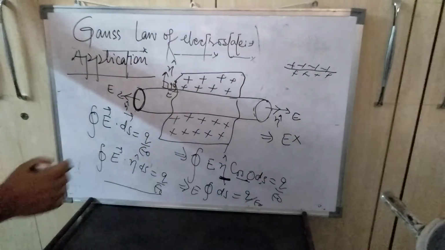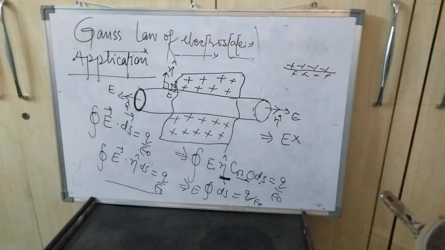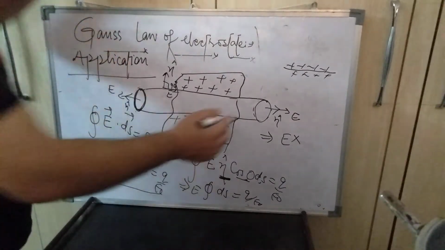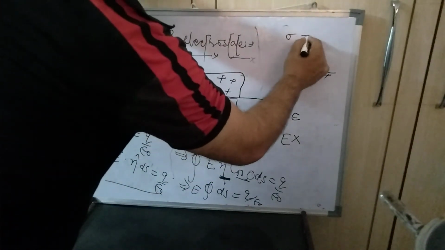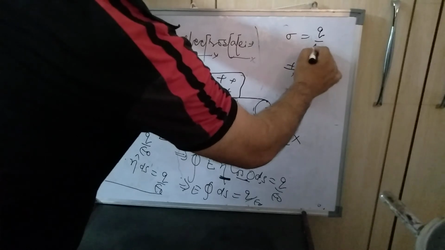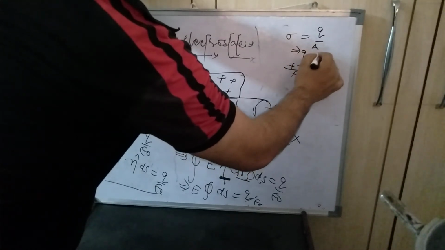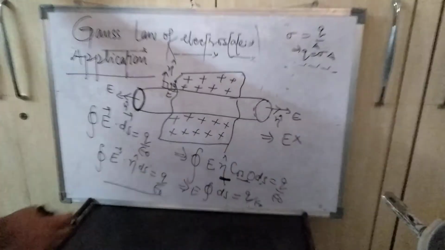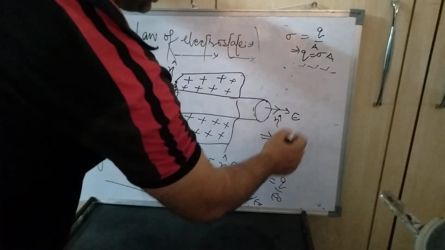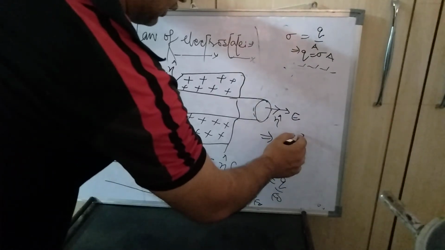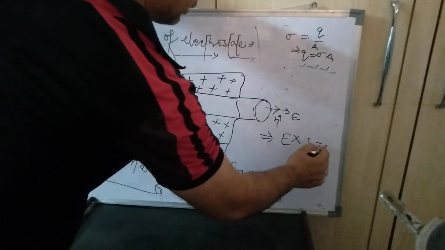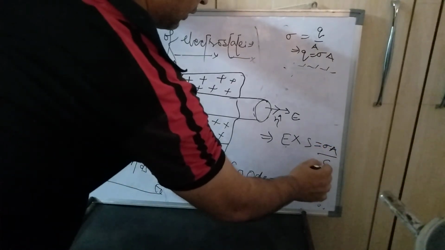And what kind of surface is it? If you see, the density of the surface will be the surface charge density, sigma equals Q by A, which implies Q equals sigma A. Now replace the value of Q here. Now it becomes E into the integration of ds, which is S, and that equals sigma A upon epsilon naught.